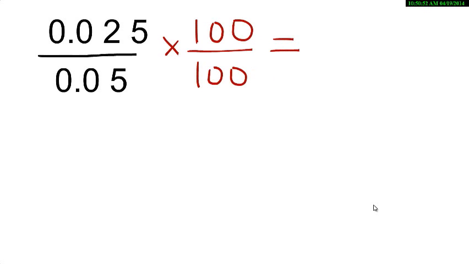Let us consider 0.025 divided by 0.05. Observe your denominator. There are 2 digits after the decimal point. So by multiplying the numerator and denominator by 100, our problem is equal to 2.5 by 5.